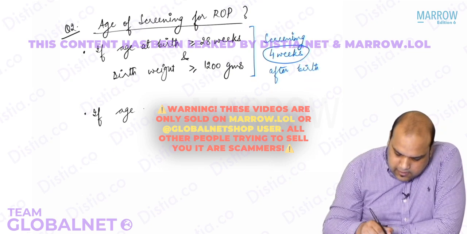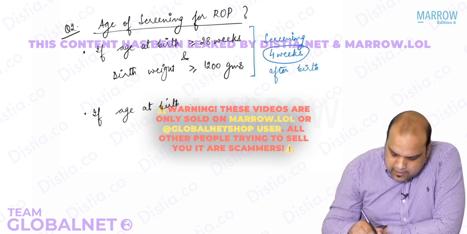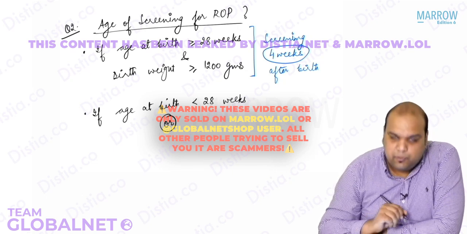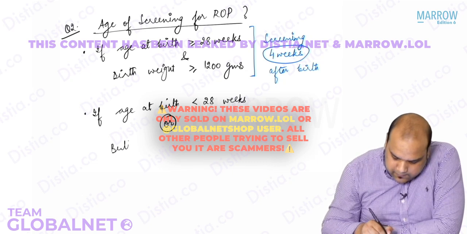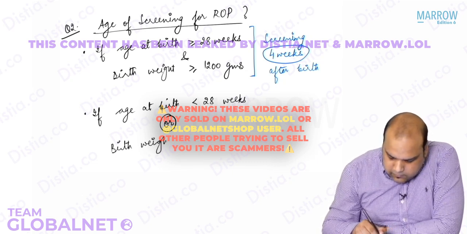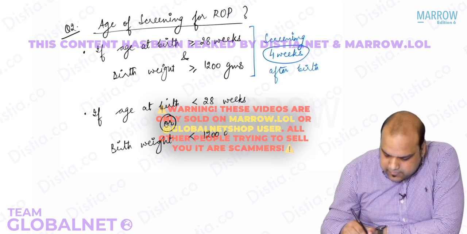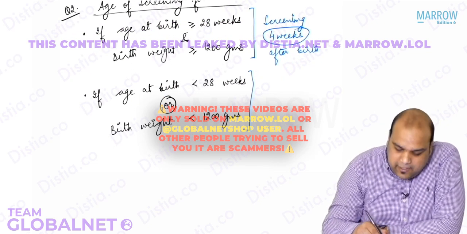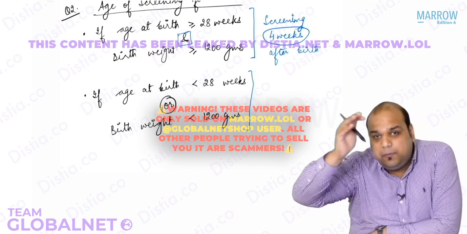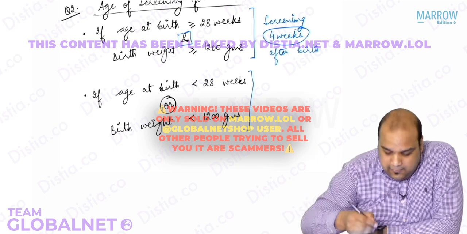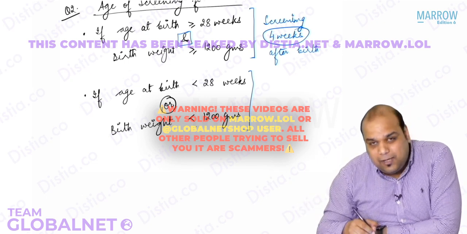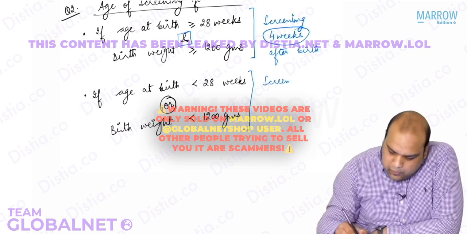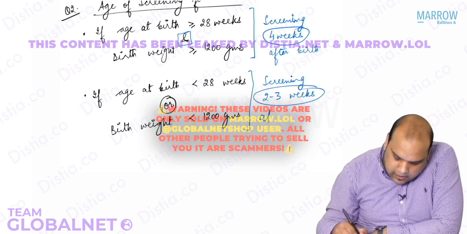If age at birth is less than 28 weeks, or, that's the most important point to note here, or birth weight is less than 1200 grams. See, what am I asking you to note? That in the first criteria we have written and, that both the age and the weight should be greater than. If any of the two is less than 28 weeks or less than 1200 grams, we have to do the screening 2 to 3 weeks after birth.